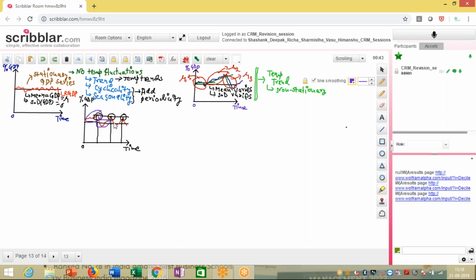As you move across the various subgroups, the mean keeps on varying, right?